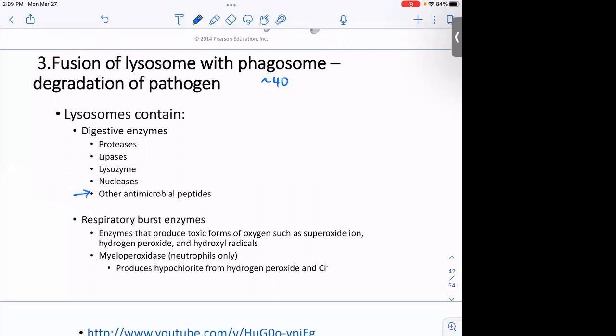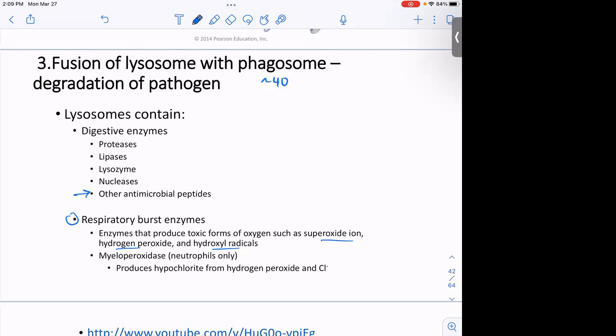A couple of other interesting ones. There are respiratory burst enzymes enclosed in that lysosome. So remember we talked about reactive oxygen species. We can actually make reactive oxygen species in the phagosomes of our phagocytic cells. So things like superoxide ion, hydrogen peroxide, hydroxyl radicals, those are oxidizing agents.